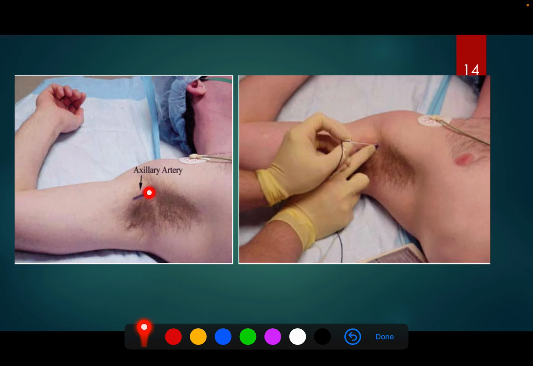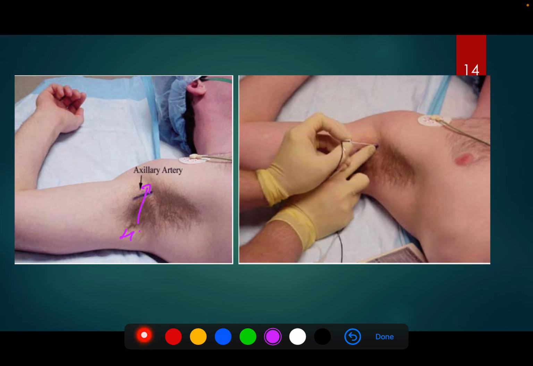After that, we try to palpate the axillary artery over here. If we have the video x-ray machine, then we can do the ultrasound video guidance, and then we can identify the axillary artery. Once we identify the axillary artery, we just go above, superior to the axillary artery, and inject the local anesthesia over here.